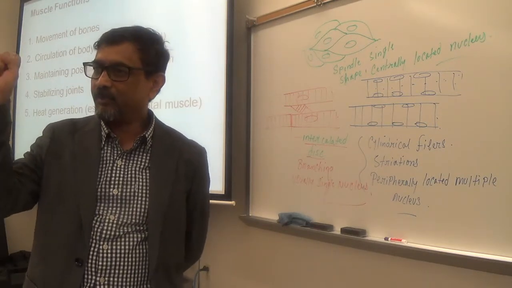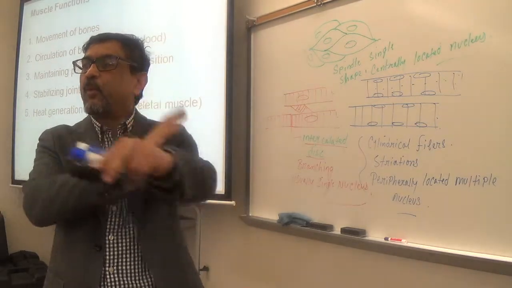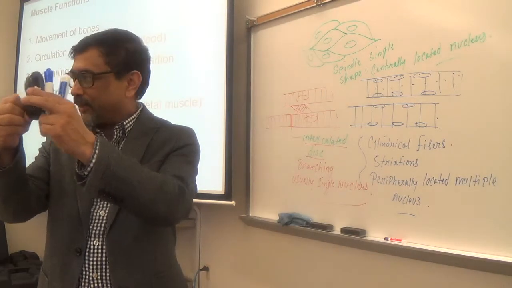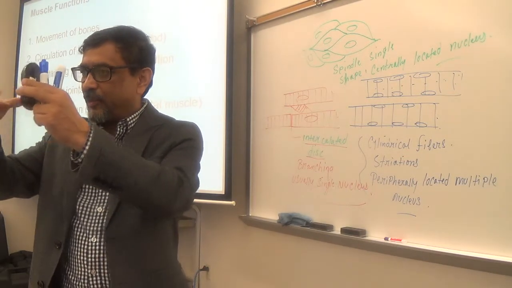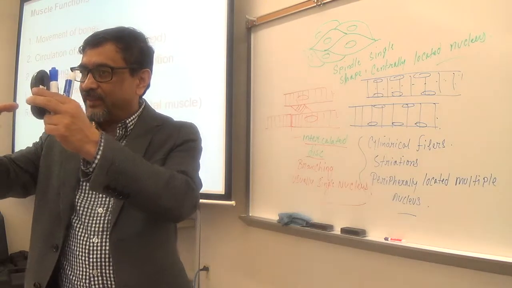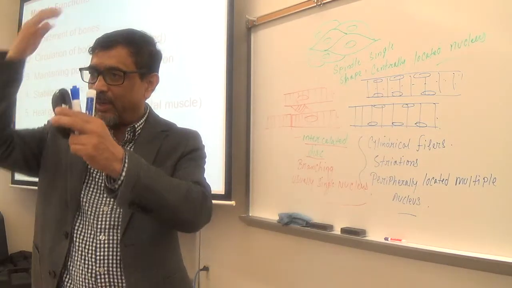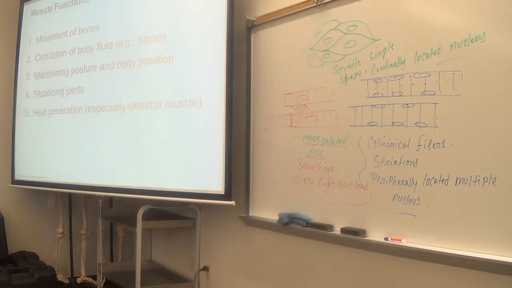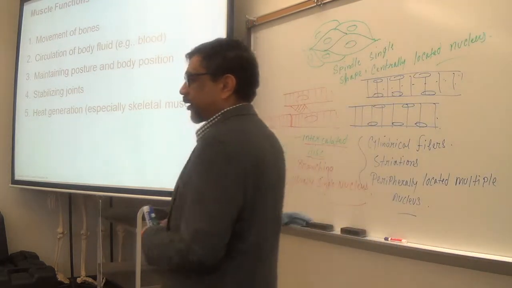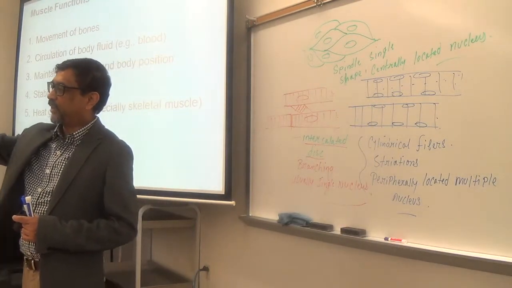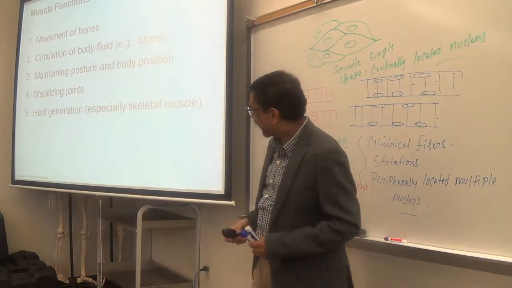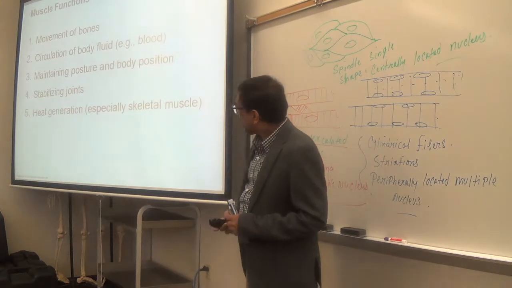Also, in the wall of your blood vessels you have smooth muscle that can constrict and dilate the blood vessels, and that also helps to regulate the flow of blood.